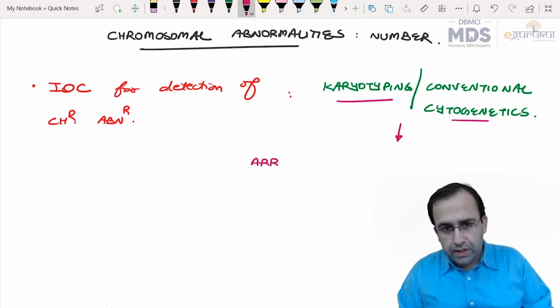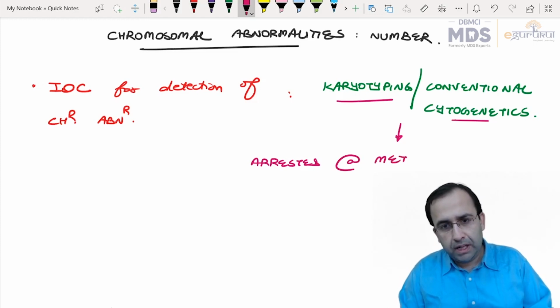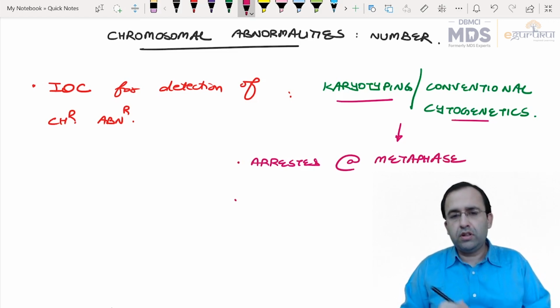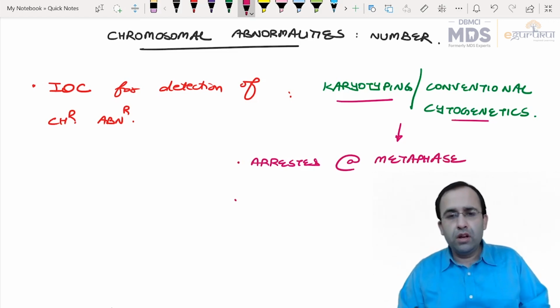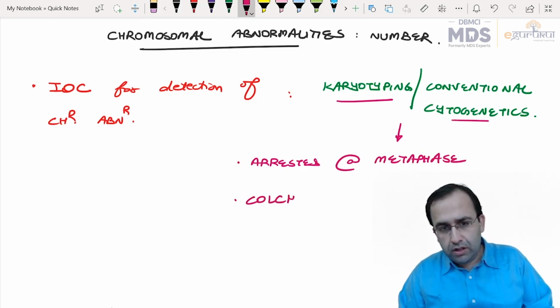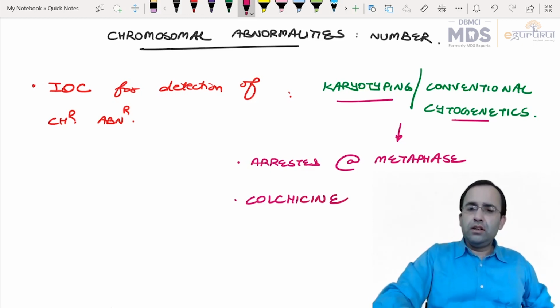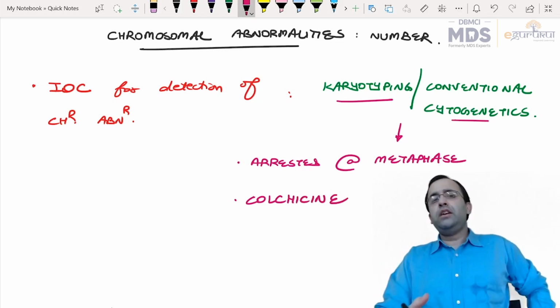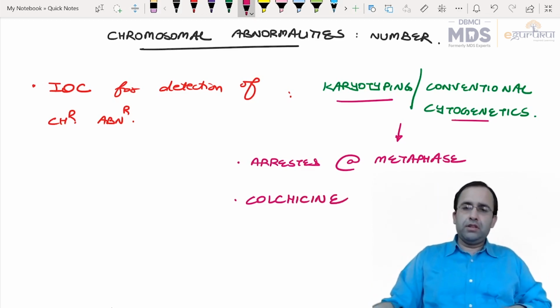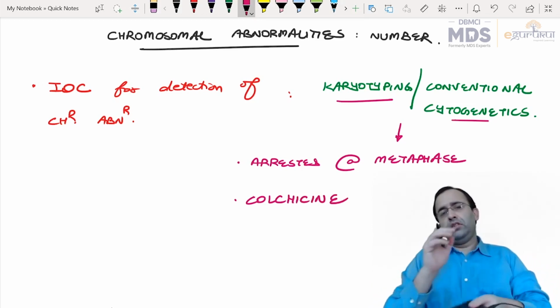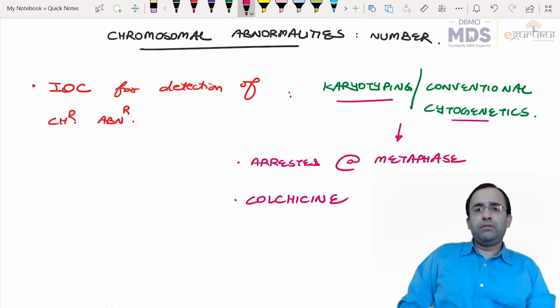And which drug is used? Colchicine, to arrest the mitosis at metaphase. That is conventional cytogenetics or karyotyping.